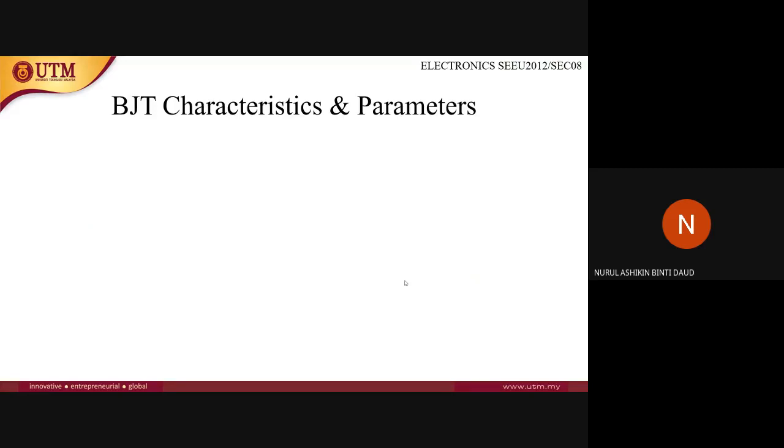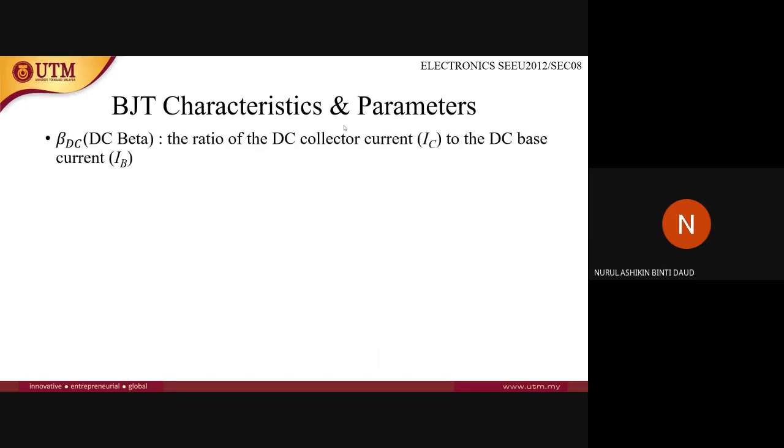Alright, let's look at the next one, which is the BJT characteristics and parameters. For BJT characteristics, you should be familiar with beta DC and alpha DC. We have two characteristics, beta DC or DC beta, and also alpha DC.